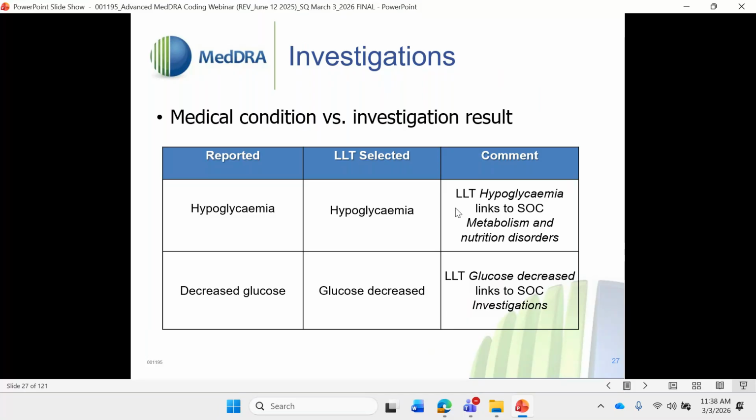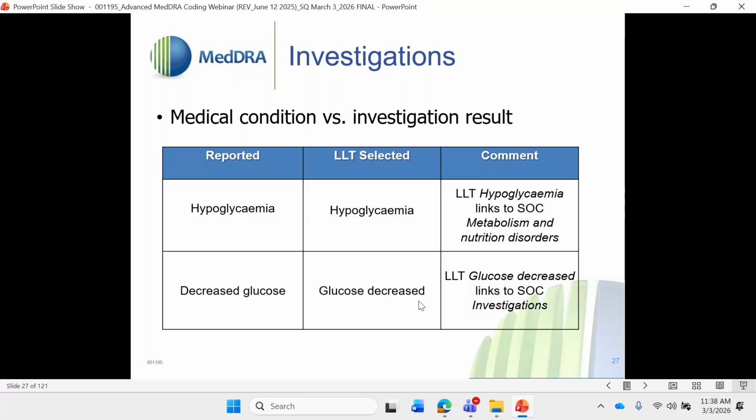Like I said, you can clarify if you have any confusion by looking at how the particular term is linked in MedDRA, right? The LLT hypoglycemia is linked to the SOC metabolism and nutrition disorders. So you know it's a condition. Whereas the decreased glucose is a lab finding. You did a blood sugar test, and you have a decreased glucose.